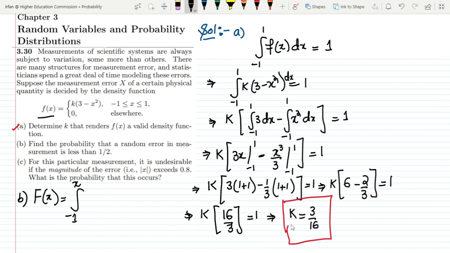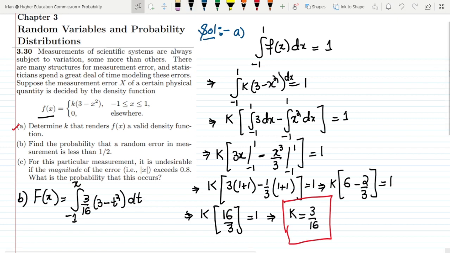Okay, so the value of k is already known, that is 3 by 16. So 3 by 16, and the other values are (3 minus t square) integrated with respect to t.